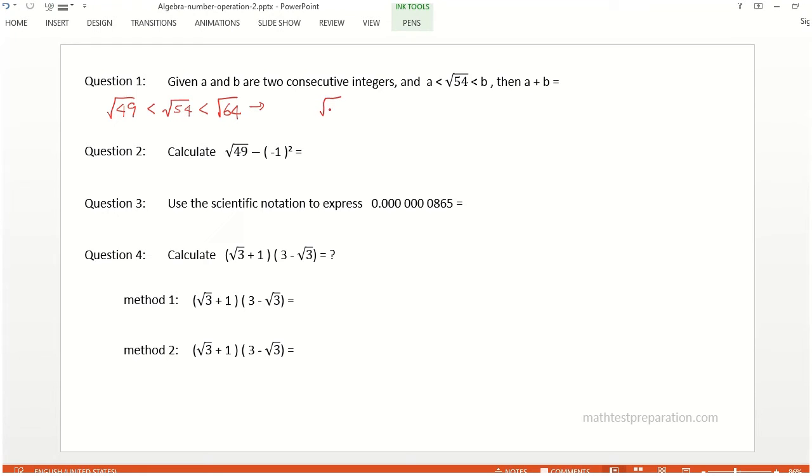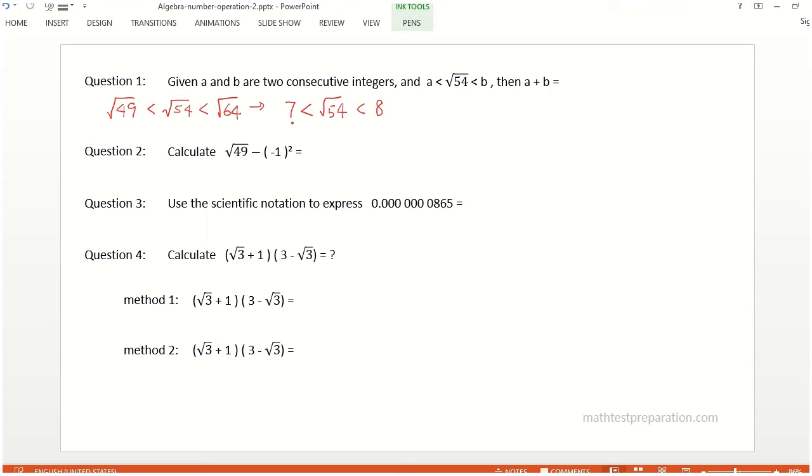So we get the value of square root 54 is larger than the value of square root 49, which is 7. The value of square root 64 is 8. So we get the value of square root 54 is larger than 7 and less than 8.